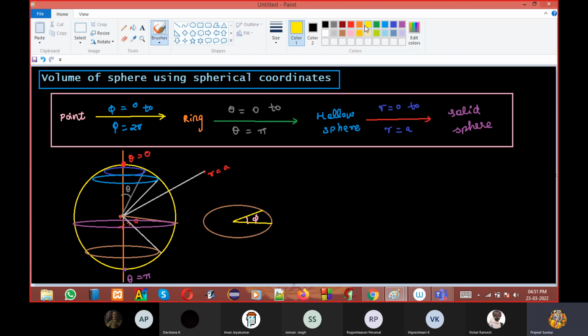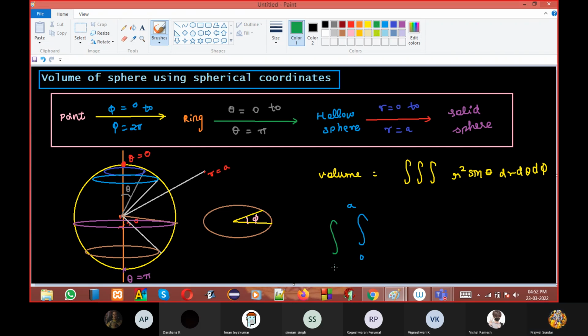Now we'll write the final integral. What is the volume? The volume is, first you write, r squared sin theta dr d theta d phi. What are the limits? I already wrote the notation again, right? Let's write r is 0 to a, theta is 0 to pi, phi is 0 to 2 pi.